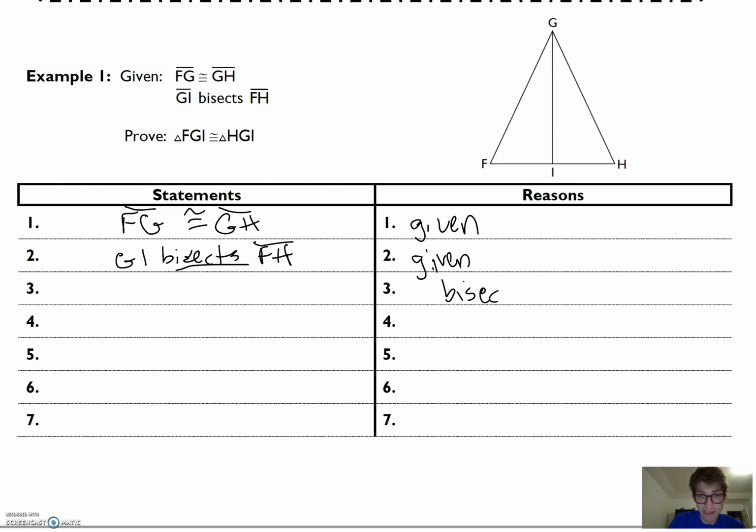Something is being bisected, so we want to say what that gives us. It's talking about a side that's being bisected, therefore FH is going to be cut into two congruent segments. And those two segments happen to be FI and HI.